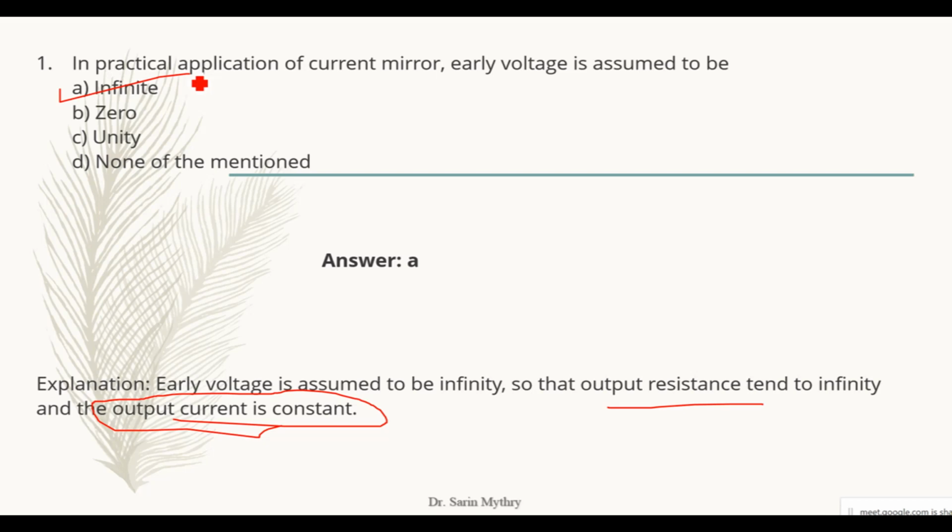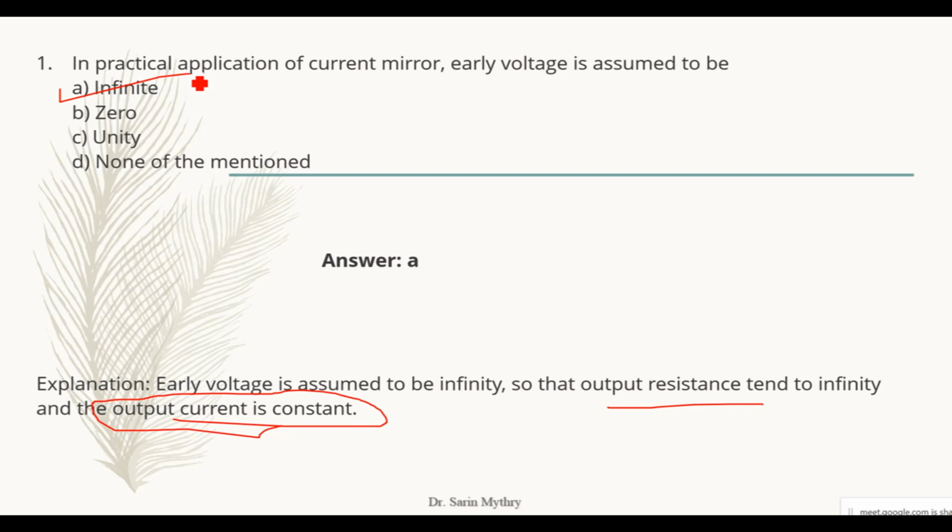One branch is the I reference path, the other branch is the I output path. If the current is constant, then only the current mirror will be valid.